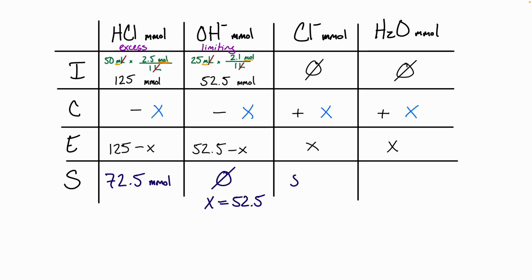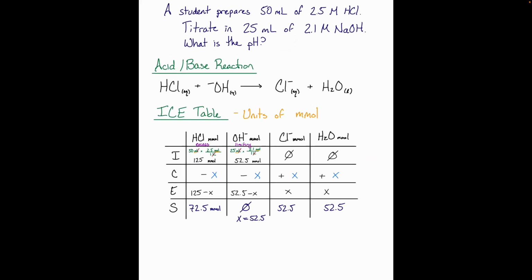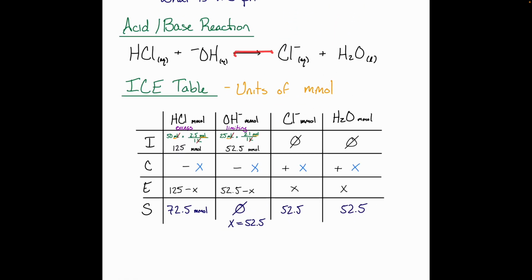And then we've created 52.5 millimoles of chloride and 52.5 millimoles of water. So again, this reaction goes all the way to completion, so all of my limiting reactant is going to be consumed, leaving me with nothing. That allows me to solve for my value of x and plug it in everywhere else to figure out how much I have remaining in solution.